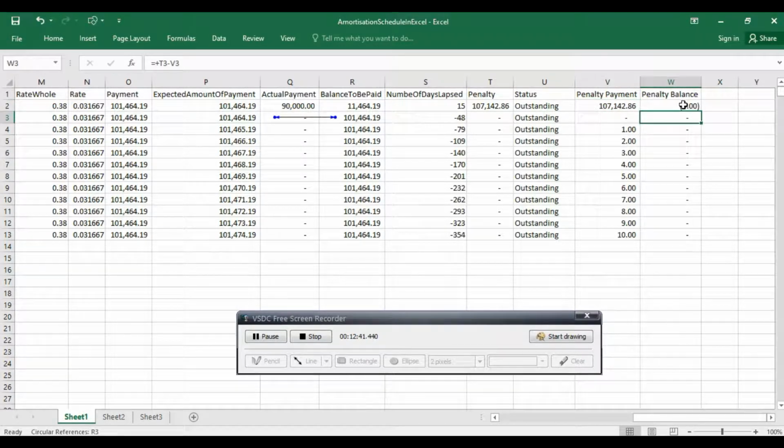Then the penalty balance is 0. And here the actual payment should now come back to this original figure, which is 101,464.19.